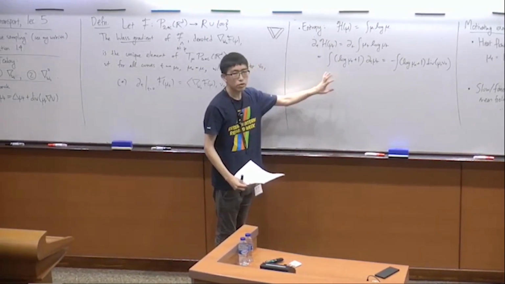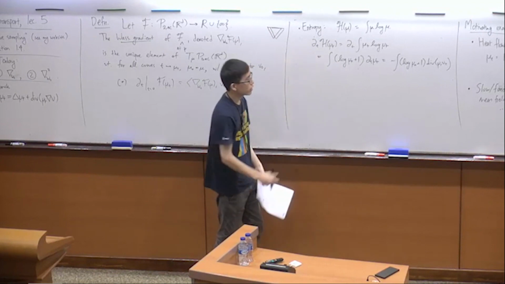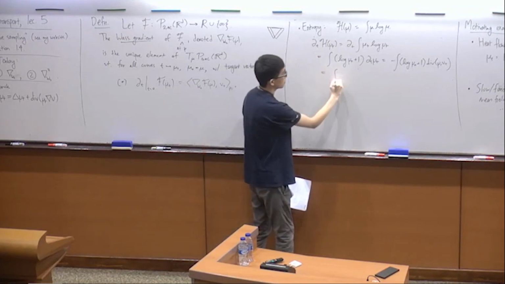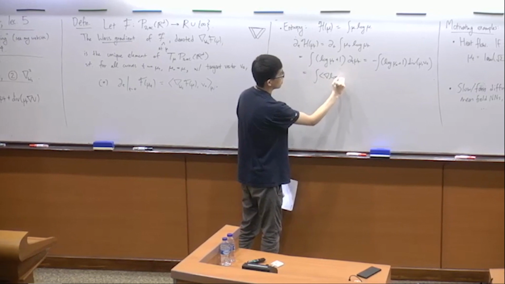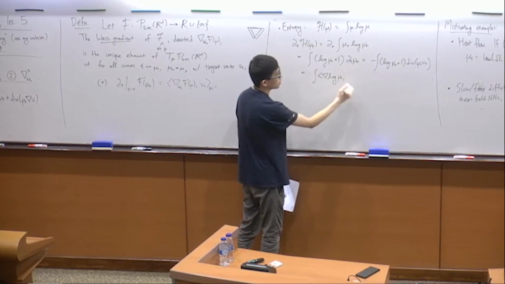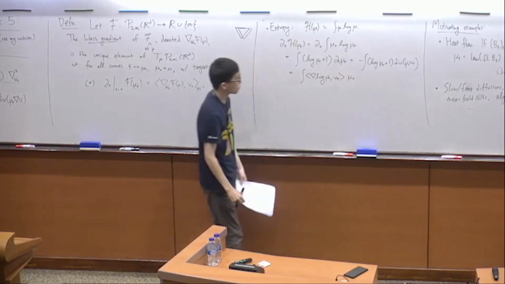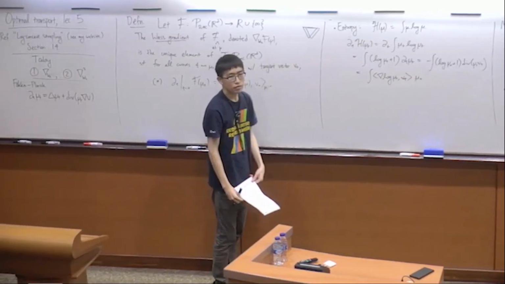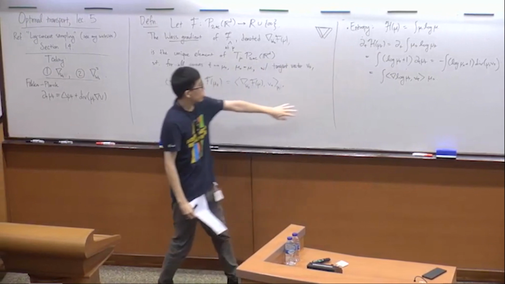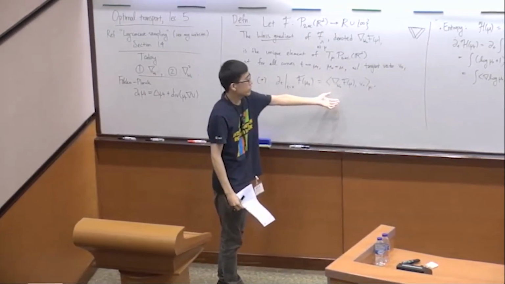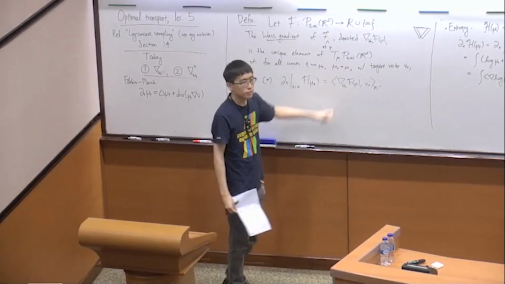And then just as before, we're going to use integration by parts. So I get the inner product between grad log mu t and the vector field v_t under mu t. Again, if you compare with the definition of the gradient, I've put it in the right form.